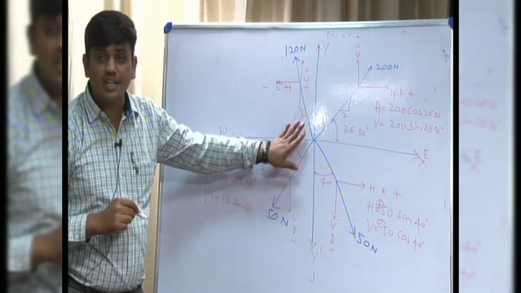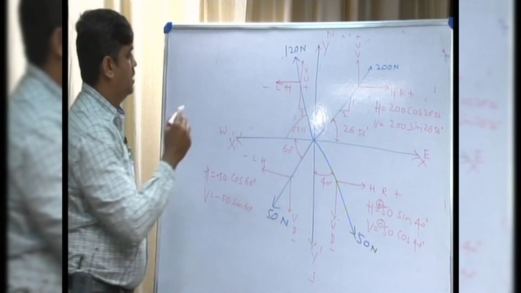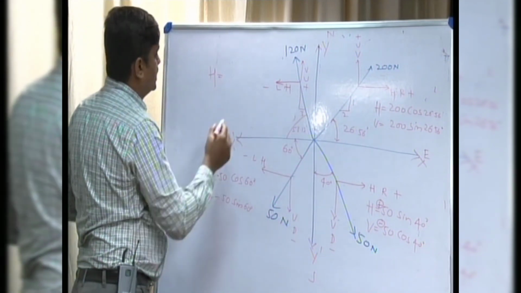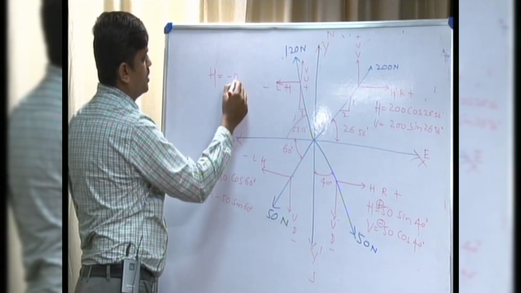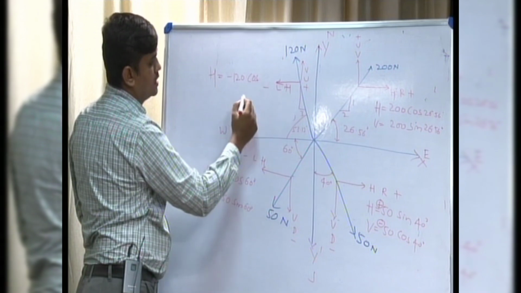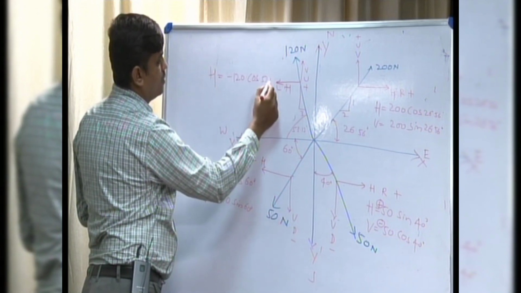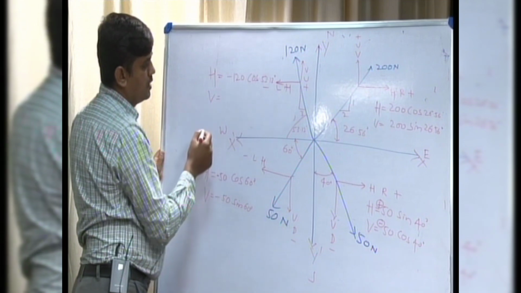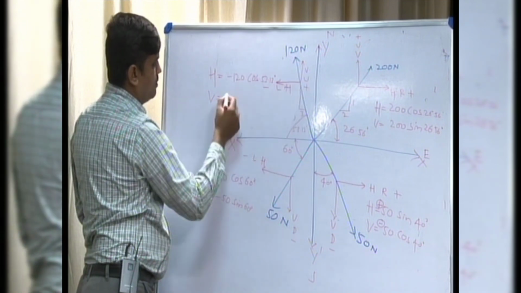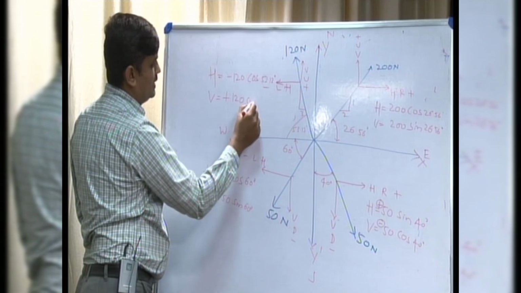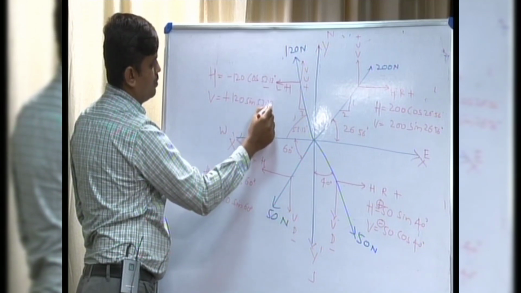The angle is with respect to x-axis, so write H is equal to negative 120 cos 53.13, and the vertical, up positive, 120 sine 53.13 degree.